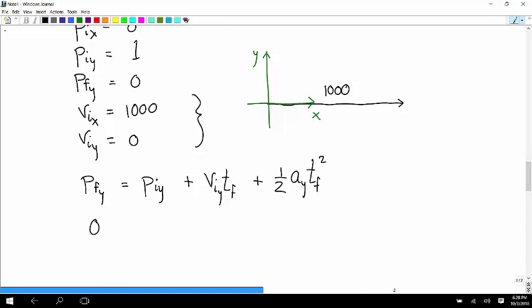So this says 0 is equal to 1 plus 0 plus 1/2 times 9.81 times TF squared.